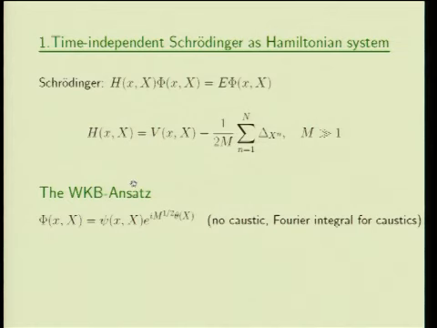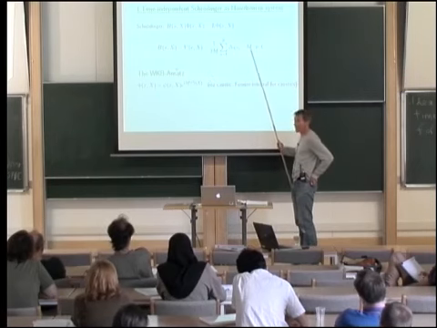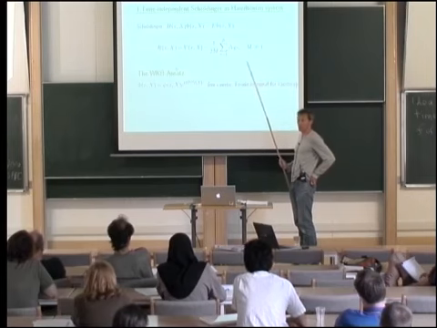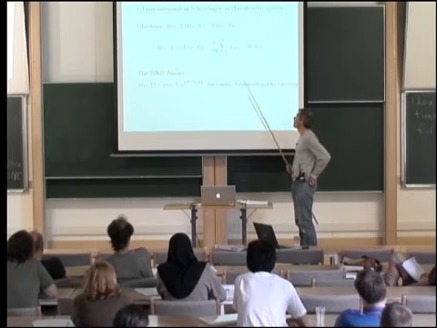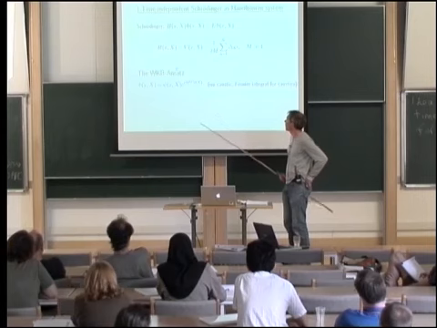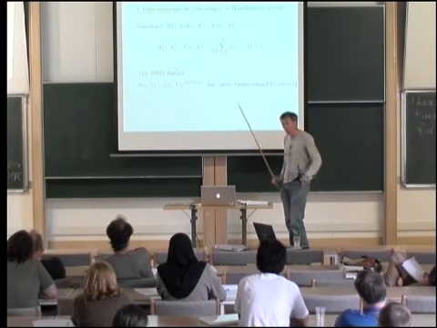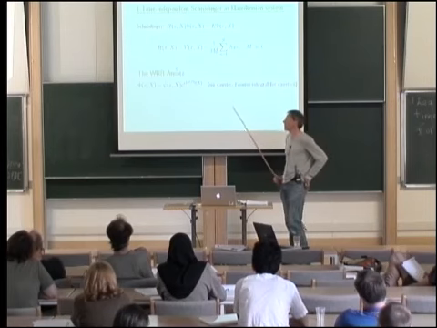I denote by small x the electron coordinates and by capital X the nuclei coordinates. I assume now that the mass is large for the nuclei and the electron mass is 1. Now I will review how to derive molecular dynamics.